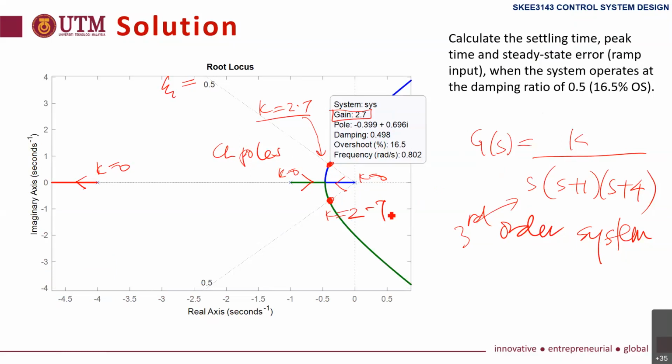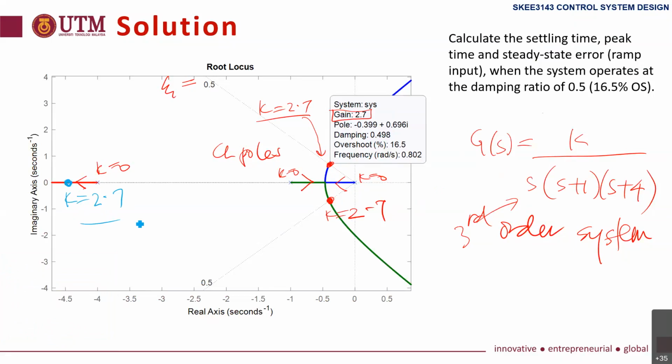But remember, there is another pole here when K is 2.7. Because at one time, there must be 3 closed loop poles. The system is a third order system.